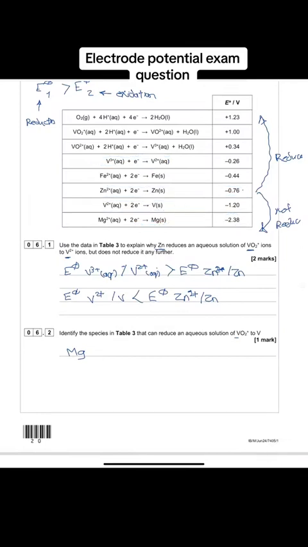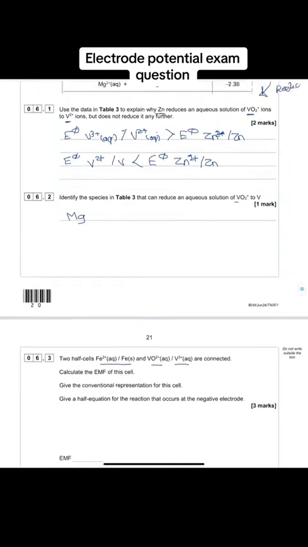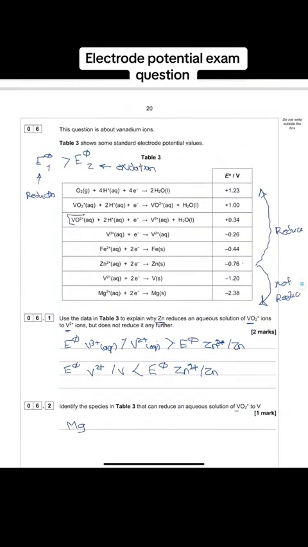So the first reaction is the VO2+, this is the one that gives you the vanadium 3+, and the other one is the iron 2+ to the iron. You can see that the iron one has a standard electrode potential less than the VO2+, which means this is the one that is going to be oxidized, and then the vanadium will be reduced here.